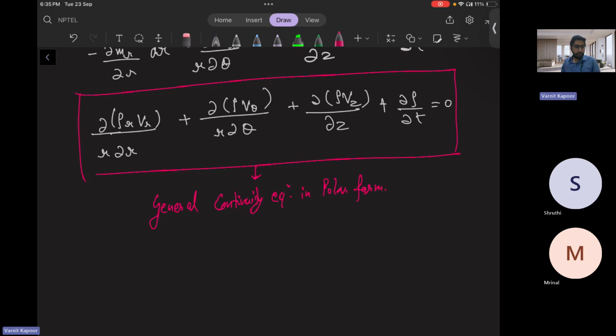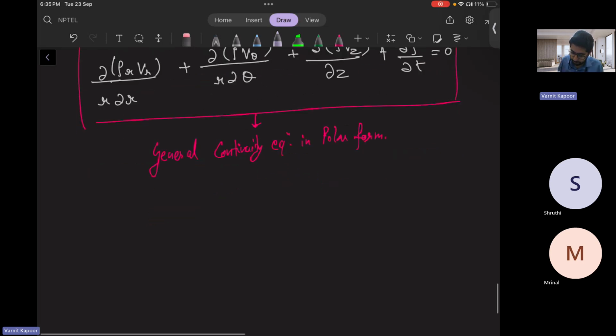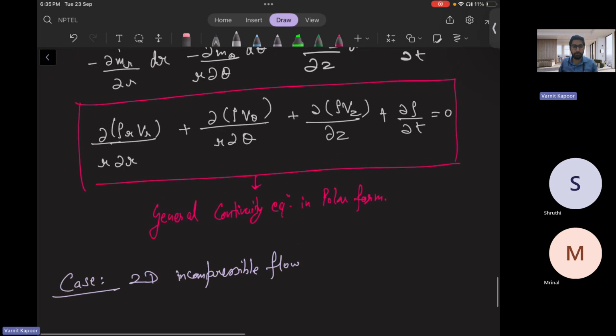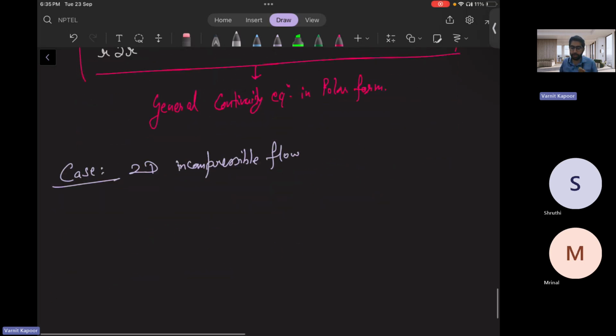All right. So if I want to write for the 2D incompressible flow case, incompressible means dou rho by dou t will be 0, and 2D means, through Cartesian coordinates you write dou rho u by dou x plus dou rho v by dou y is equal to 0, but rho goes to the right hand side since it's incompressible.